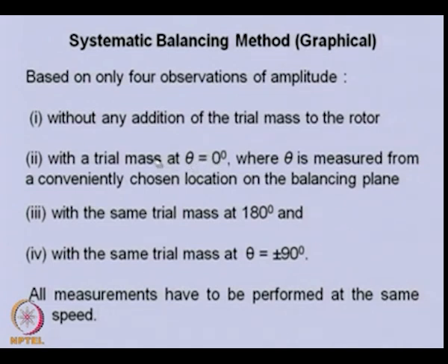Once we keep the trial mass, there will be a change in the amplitude of vibration when we rotate the rotor at the same speed as the first case, and we will measure it. This will be the second measurement. Then for the third measurement, the same trial mass we will keep at 180 degrees, just opposite to this location, on the rotor, and we will measure the amplitude of vibration.